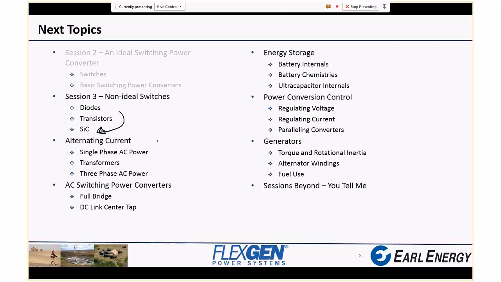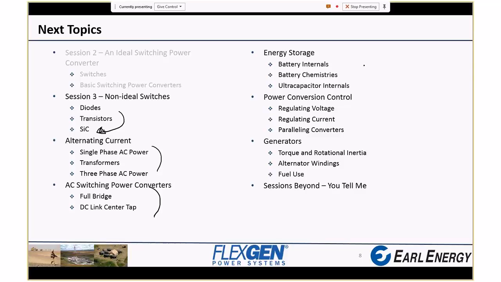Even if you're changing it over time, it's still basically DC because it's missing some key features required for AC power. So we'll talk about AC power first, and then we will talk about using a number of these buck converters we talked about today in order to create AC power.